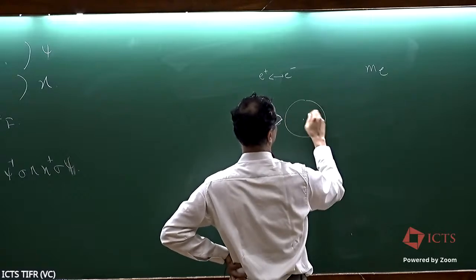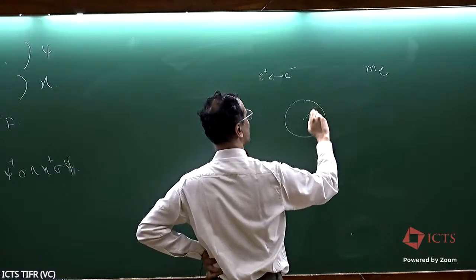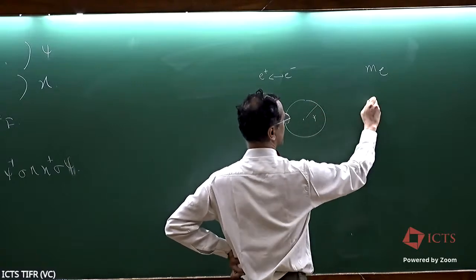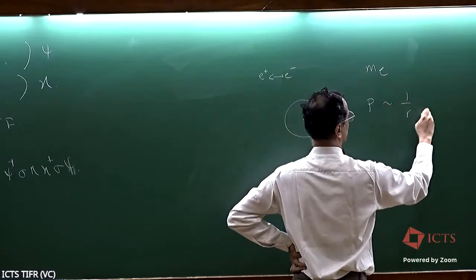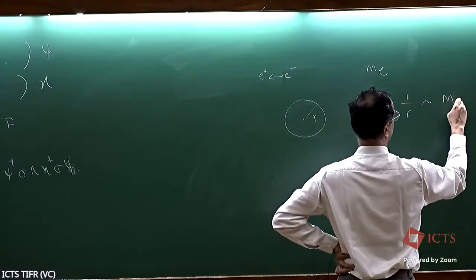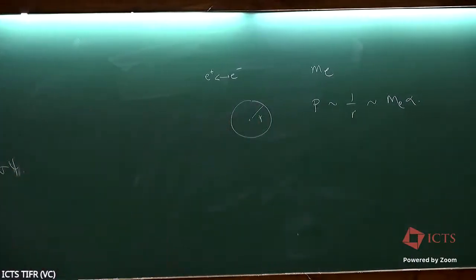Then you have these moving in some orbit, and one can think that there's a momentum scale associated with the inverse of R, that is m_e α.